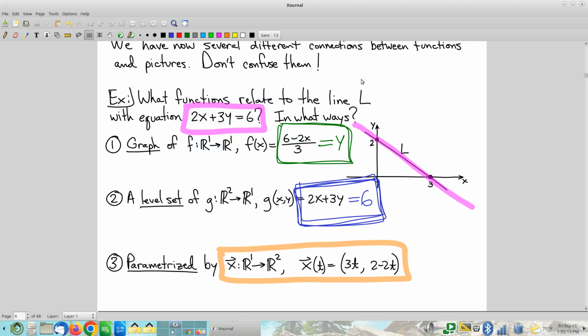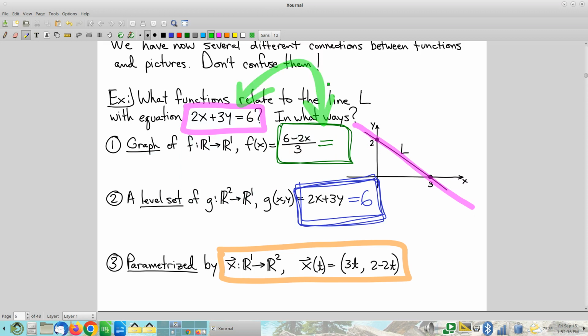Okay, so let me start with the graph part of the question, right? So how did I get this? And keeping in mind, I wanted it to say y equals, because that's what a graph is. But I also wanted it to be equivalent to what we're looking at here.